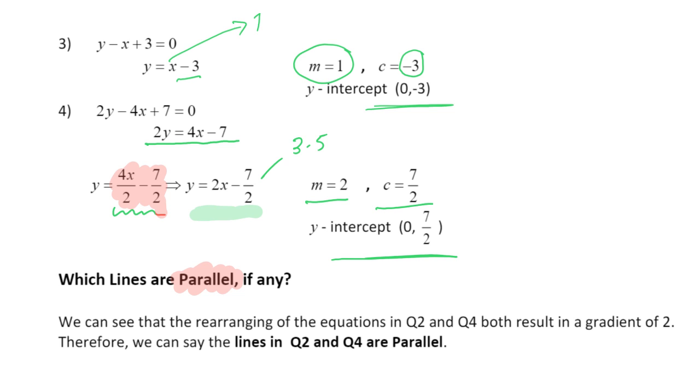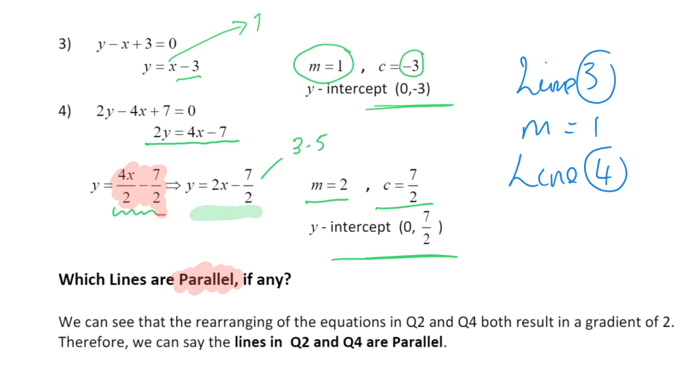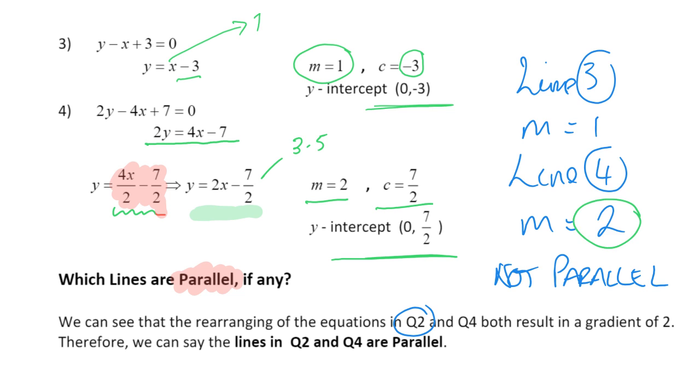From what you see on the screen, if we were to take line 3, the gradient there is 1, and line 4, the gradient is 2, so we can say they are not parallel. But from the previous example, the gradient in question 2 was also 2, so if they're both 2, then they're both parallel.